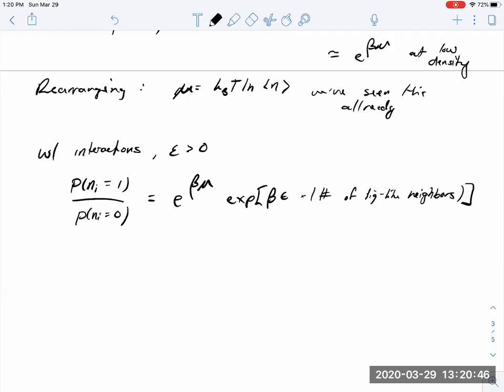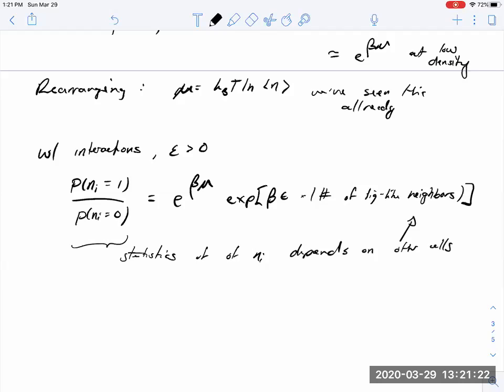So this means that the statistics of Ni, of whether or not a given cell is filled or empty, depends on what all the other cells are doing. That's the essence of correlation, and that makes this computation very difficult.